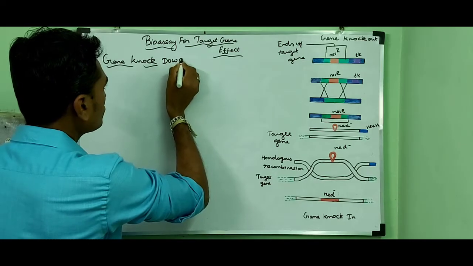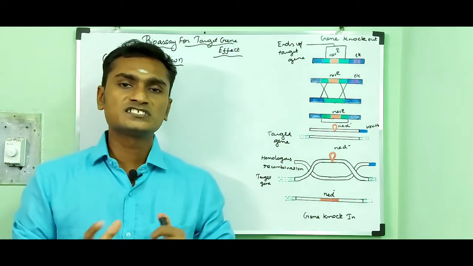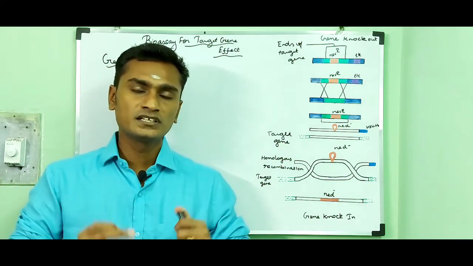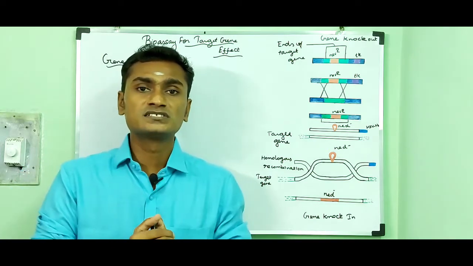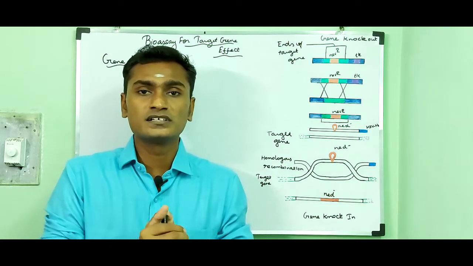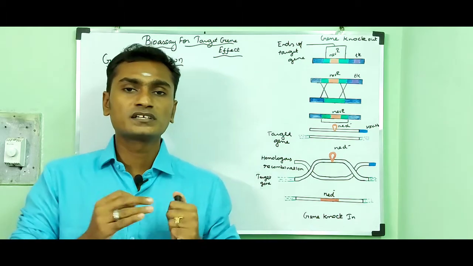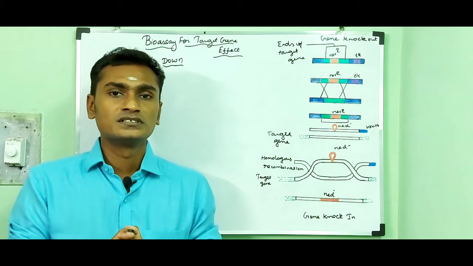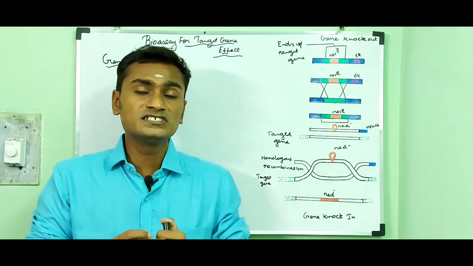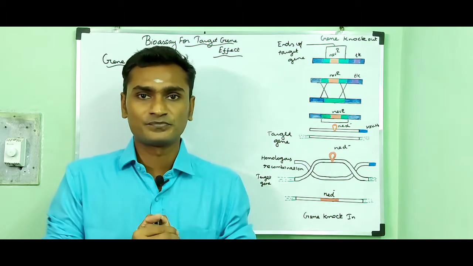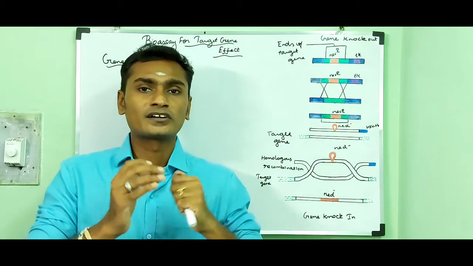Gene knockdown process. First, I will give you the difference between gene knockout and gene knockdown. In the gene knockout process, the particular gene is removed or excluded from an organism permanently. It is removed from that genome. While in the case of gene knockdown, that particular gene is present in the organism, but the gene is not allowed to express by introducing a non-coding RNA molecule.